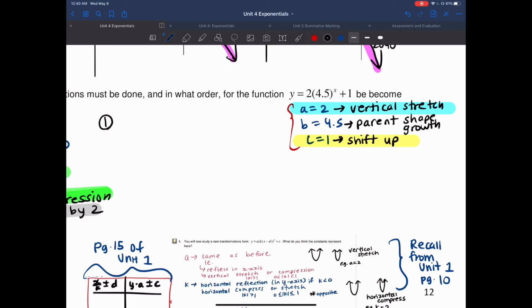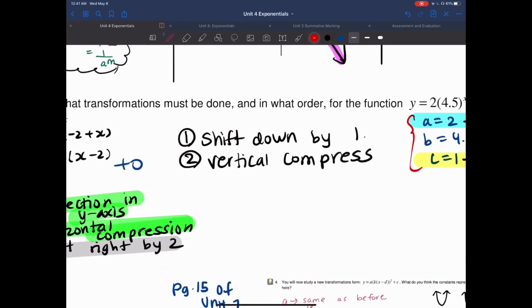Well, to get rid of the shift up, I have to shift down by 1. Instead, well, I need to get rid of that vertical stretch, so I'm going to do a vertical compression. So by doing steps 1 and 2, I am removing the transformations on the right.